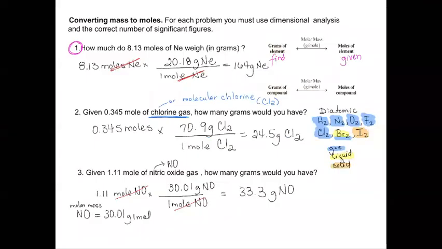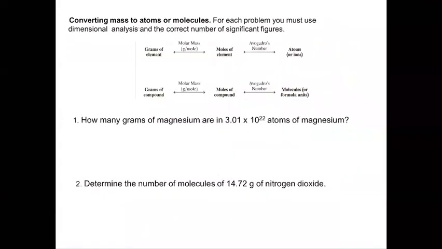Excellent. There's one more calculation that we need to know. And that is, if you have given mass and you need to find all the way to atoms, it could be for an element or it could be for a compound, and vice versa. If you're given atoms, then you can find grams of that element.